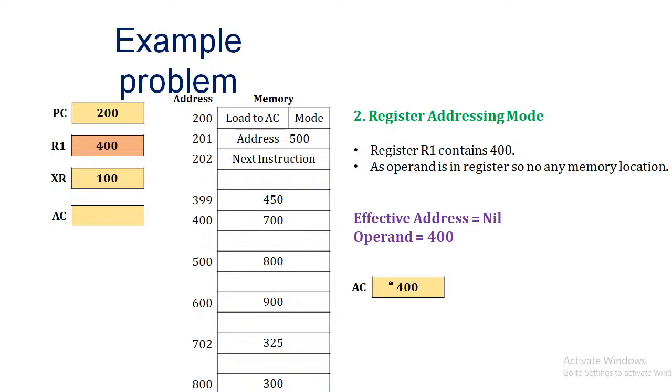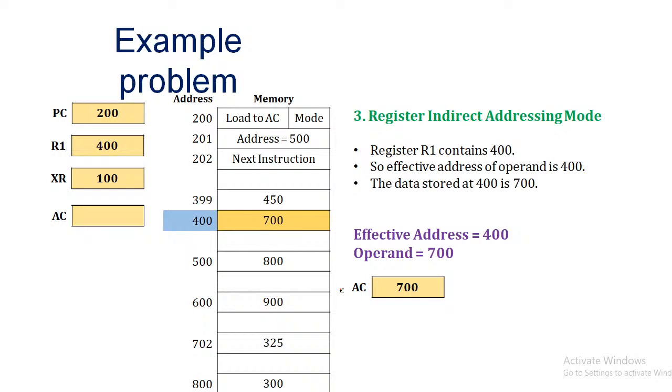Like I have told you, one example is MOV A, R1. Whatever is the content of R1, that is going to be fetched to the accumulator. So the content of R1 was 400, that is fetched to the accumulator. So this is the simple register addressing mode.